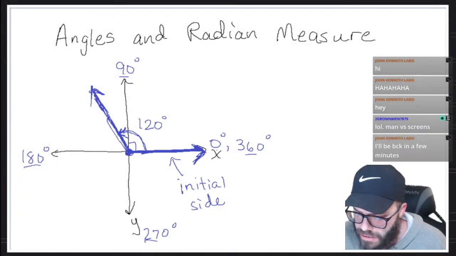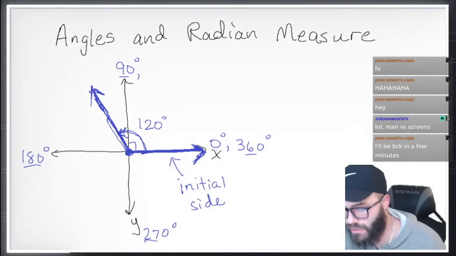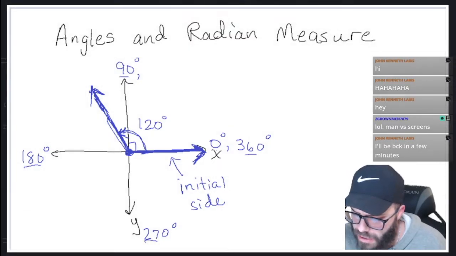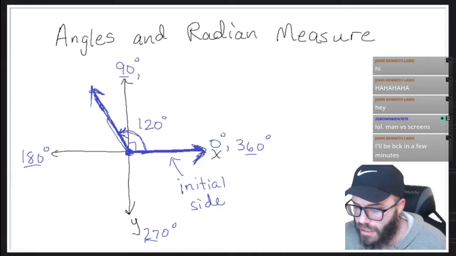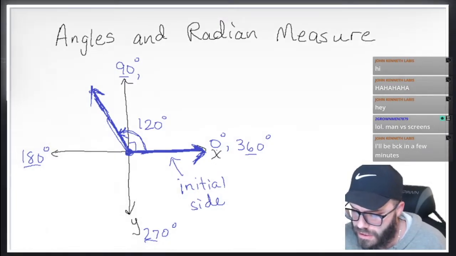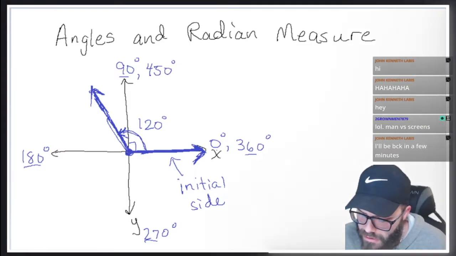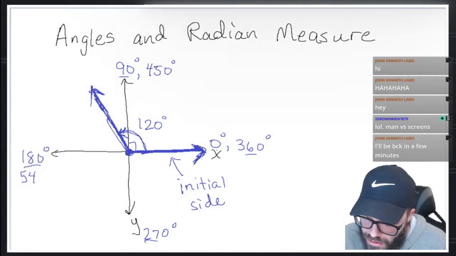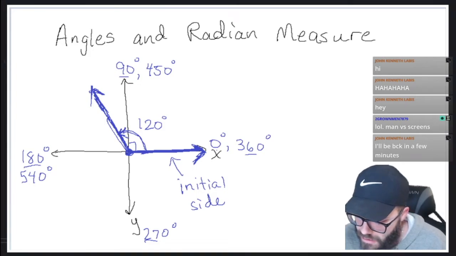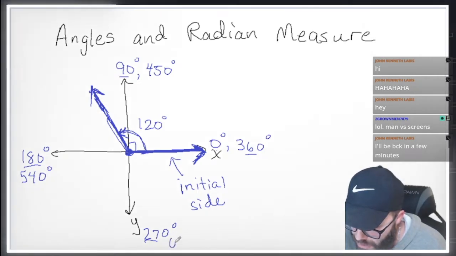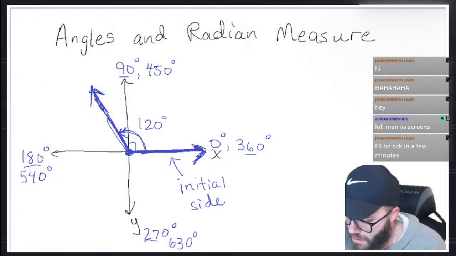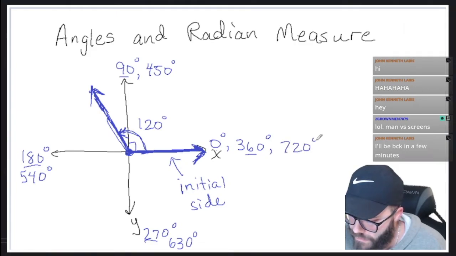Not only would this positive y direction indicate a 90-degree angle, it will also indicate 450, 360 plus 90. If I continue, this is 450, 540, 630, 720.